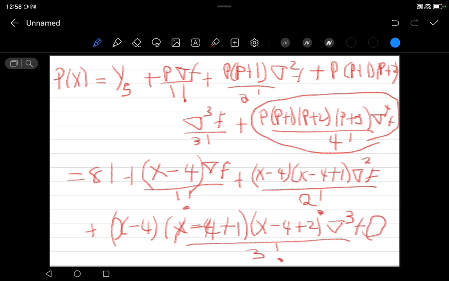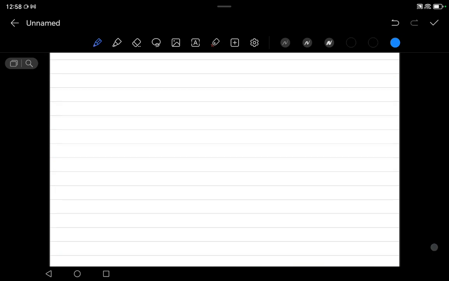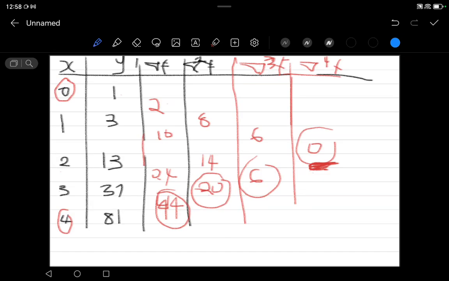Okay, after here we're going to simplify. So we have 81 plus x minus 4 times the backward change in f. Wherever there is a backward difference, we're going to substitute with the coefficient of the backward difference. The first one is 44, the second one is 20, the third one is 6, and then the fourth one is 0.